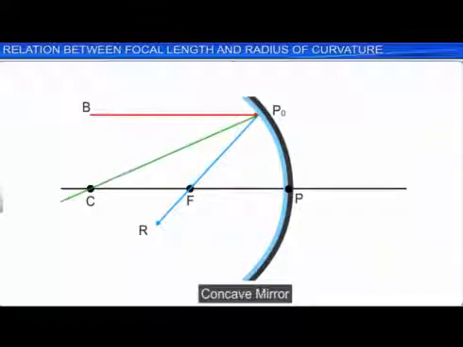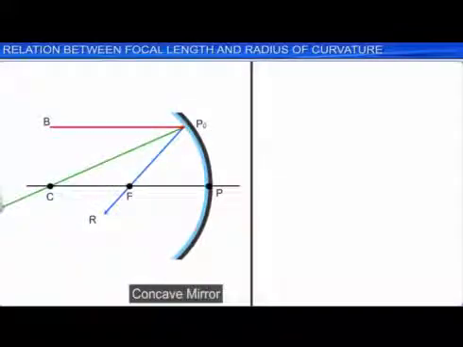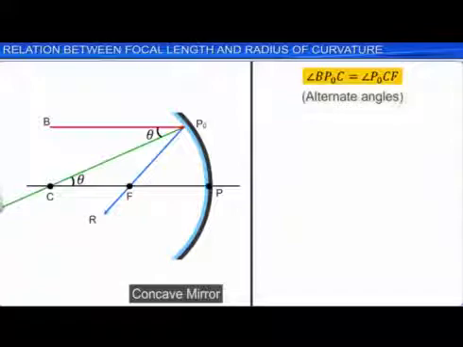Let's draw a normal P0C to the mirror at the point of incidence P0. From the figure, we can say that angle BP0C is equal to angle P0CF, as these are alternate angles. Let this be equation 1.